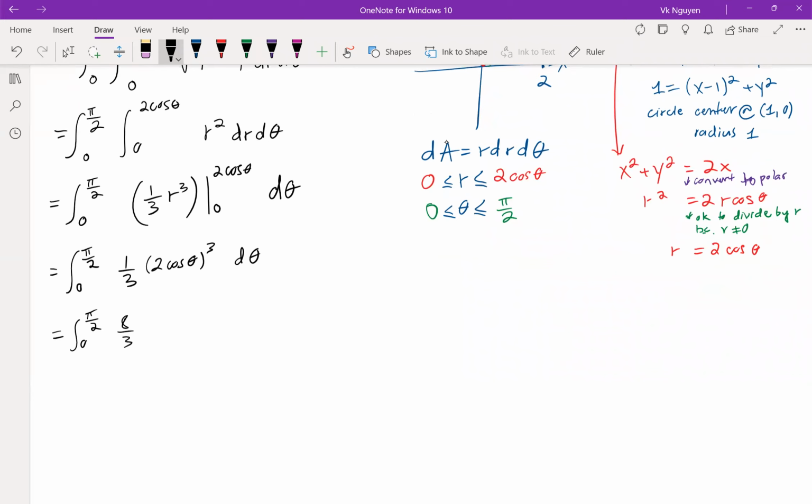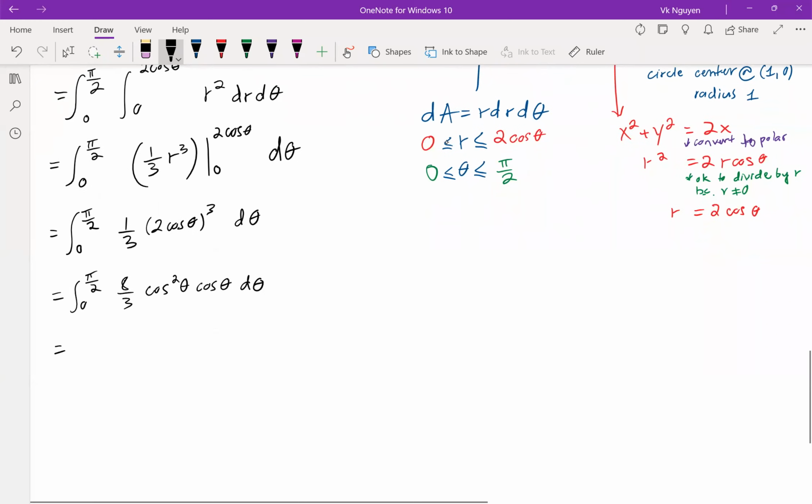Cosine to the power 3 is cosine squared times cosine. I'm going to take the 8 over 3 outside. Cosine squared is 1 minus sine squared theta, times cosine theta d theta. And then you've got to use the u sub.